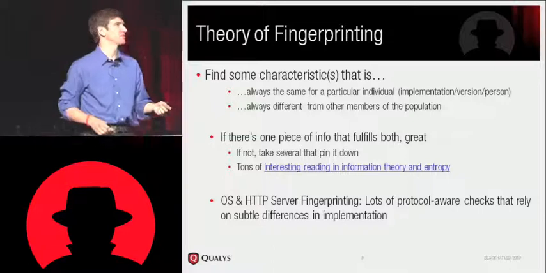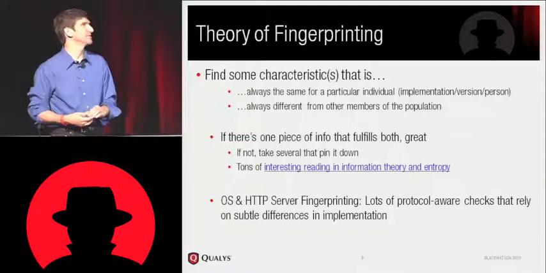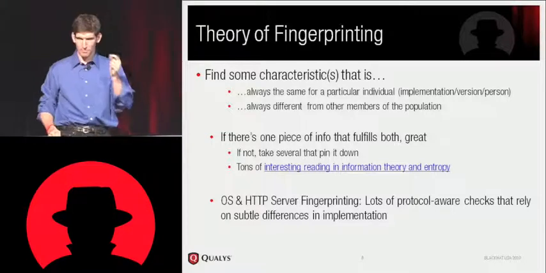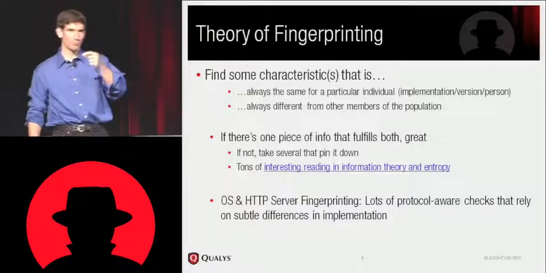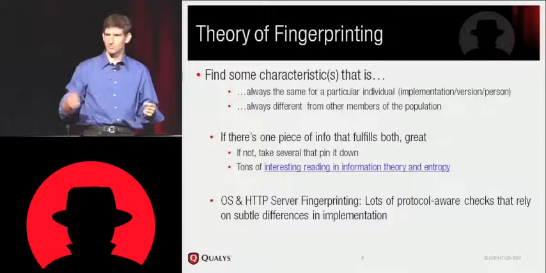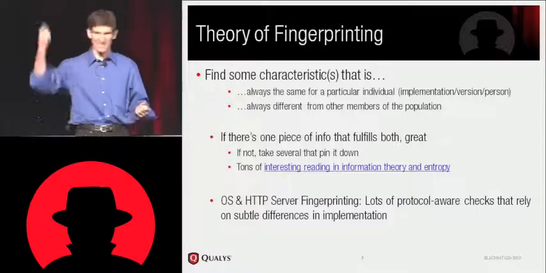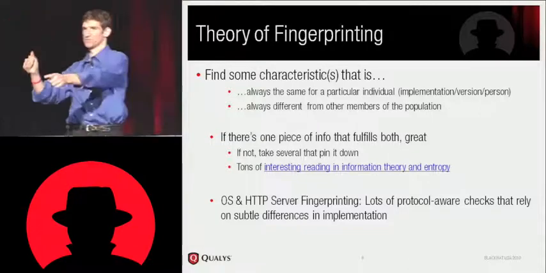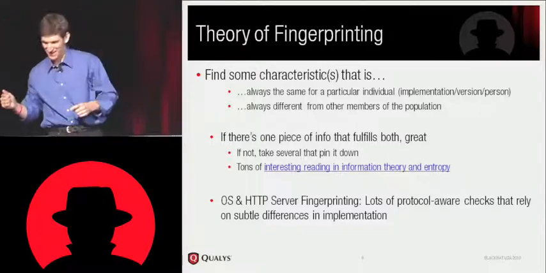Quick theory of fingerprinting. We don't need to dive too deeply into this, but we're looking for some characteristic that identifies an individual. Now, how we define individual depends what we're doing. If we're doing criminology, then it's the actual fingerprint. This thing identifies me differently from this gentleman in the front row who loaned me a power cord.